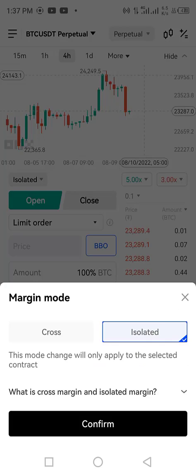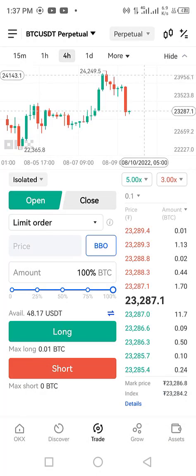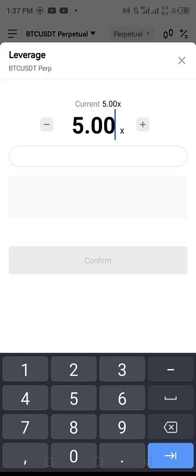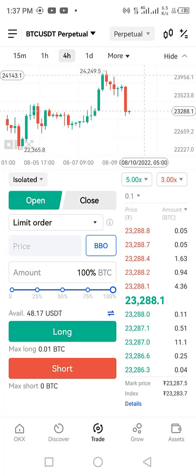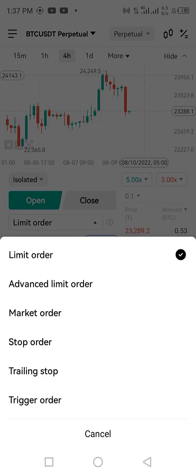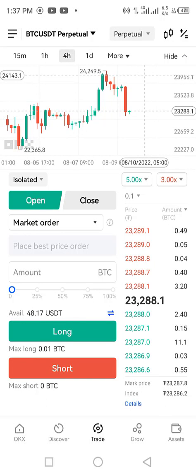And I have to choose my margin mode, which I said choose isolated, and choose my leverage, which I want to leave at 5 right here. After I do that, I have to put it on open because I want to open a position, and I can go here to choose my market order. After I choose my market order, I can decide to say, okay, I want to use 50% of what I have in my entire balance to place this trade, and then I can click long BTC.